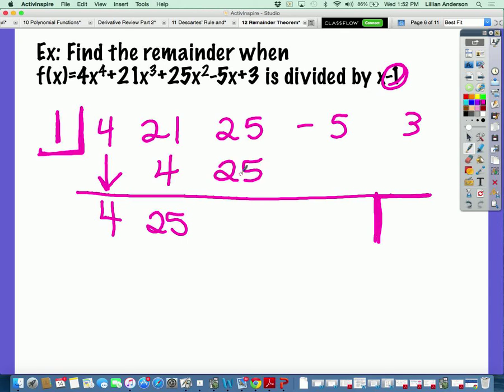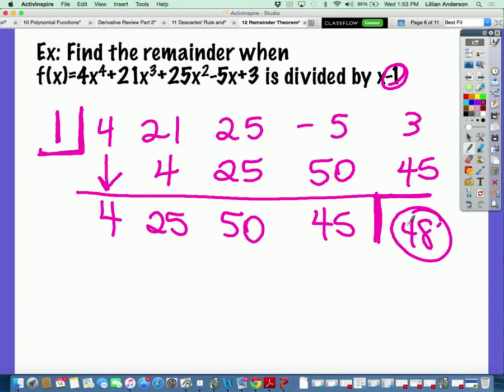Then you add, and that is 50. Repeat the process. 50 times 1, 50. Then you add. So negative 5 plus 50 is 45. Multiply again to give 45. And then it tells me my remainder is 48.